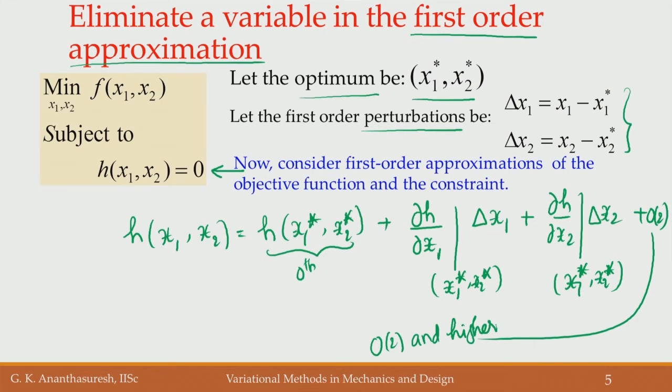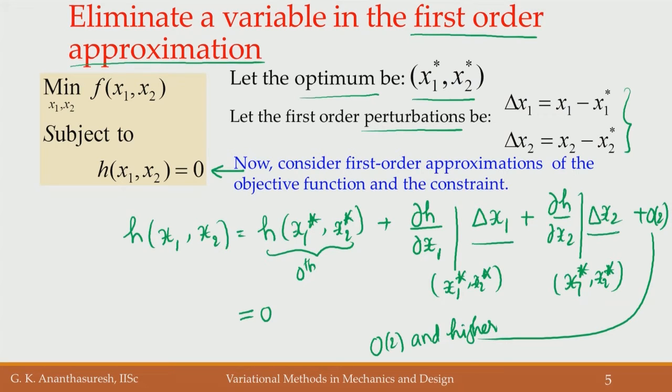Why do we do this? Because when we take the approximation of this equality constraint, which is not amenable to eliminating one of the variables, we take up to first order and make it equal to 0. That is, if you ignore all these higher order terms, then you make it 0, and this will be a linear equation in terms of the perturbations delta x 1, delta x 2.